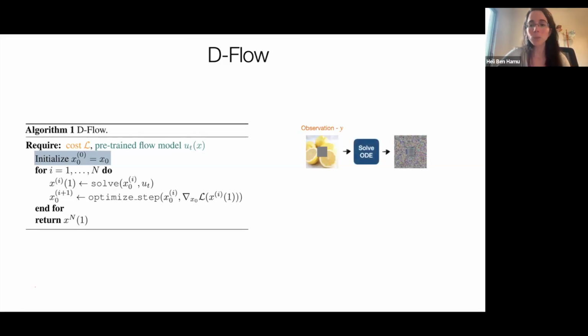And what we did is we solved the ODE backward now to the noise. So now we solved from time 1 to time 0 with the in-painted image. It was interesting to see that outside of the masked area, the initial point that generates this image actually does look like Gaussian noise.